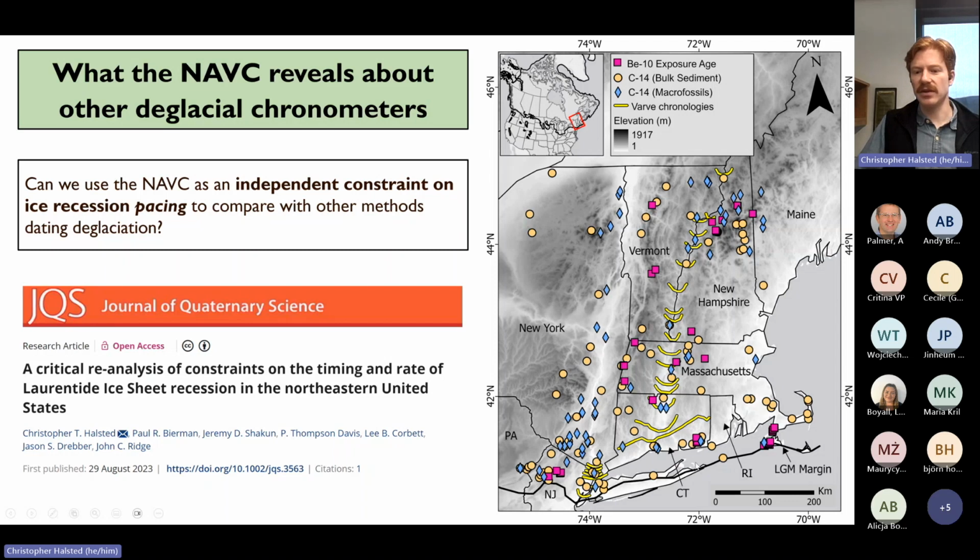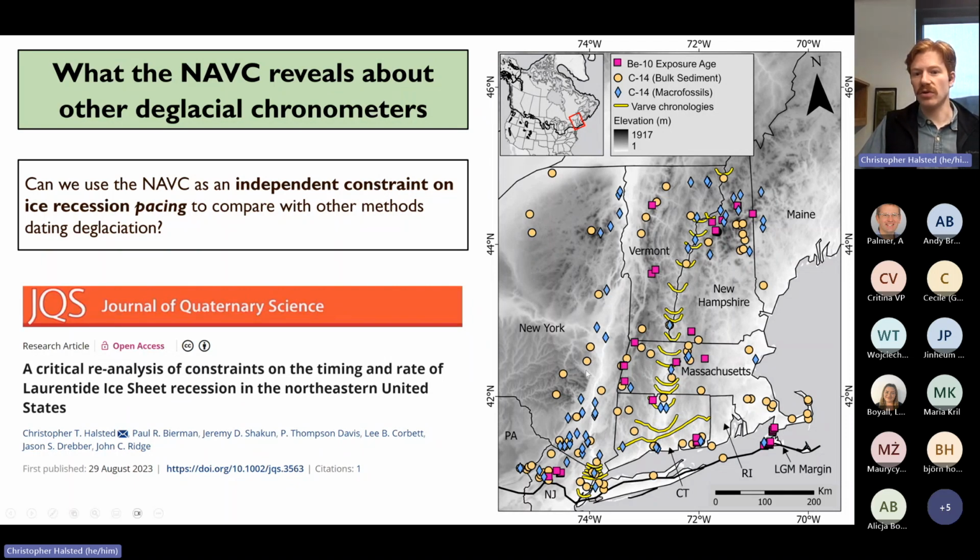It's in New England still, and we've got in yellow the Varve chronology from Jack Ridge, the North American Varve chronology. Down here is another little secondary Varve chronology that was published in 2020, but unconnected to the North American Varve chronology. In diamonds, we've got radiocarbon ages from macrofossils at the bottom of lake beds, which are considered minimum limiting constraints on deglaciation.